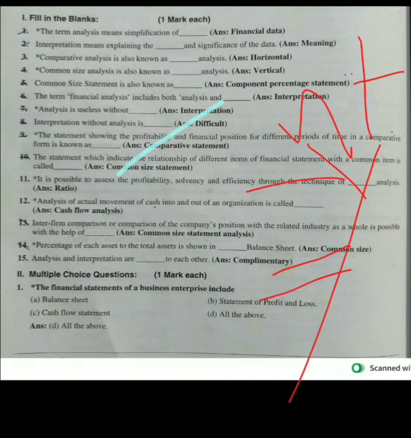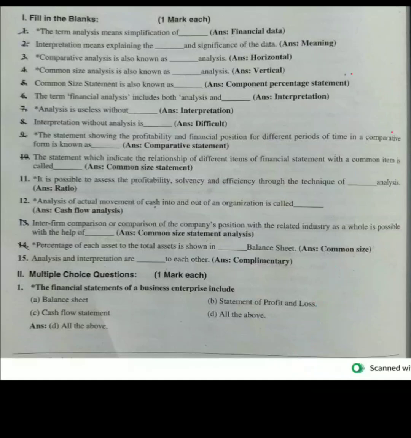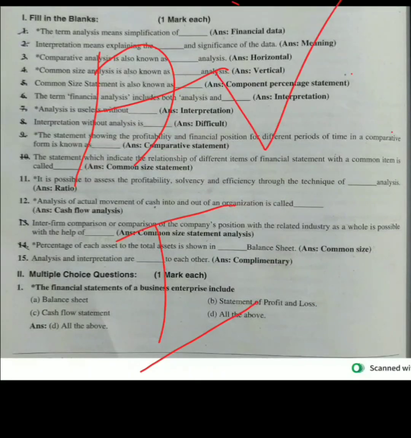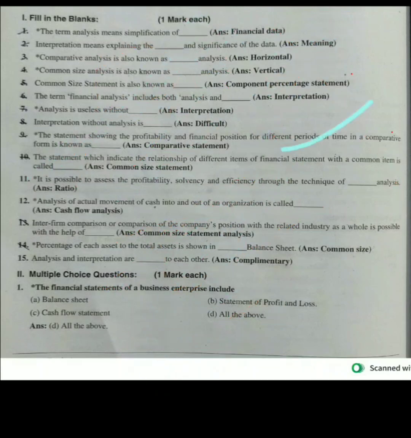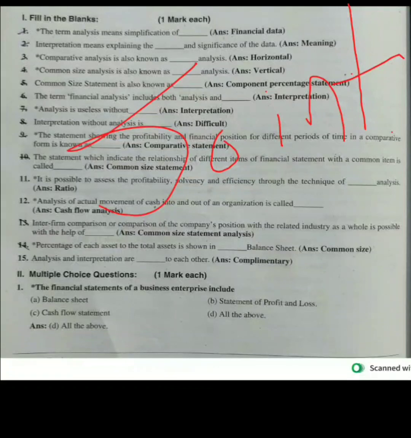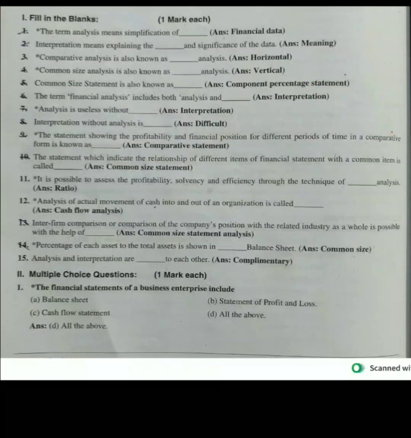And if after analysis it is not interpreted, then this analysis is also useless. So both analysis as well as interpretation are complementary to each other. They are joined to each other.